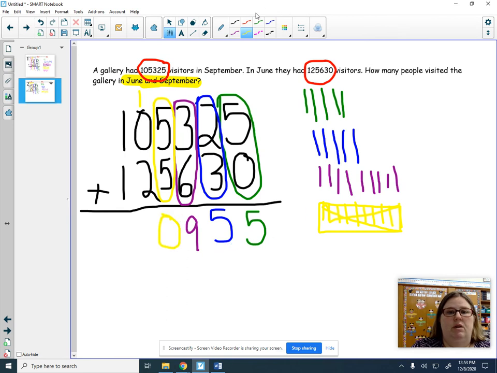All right, let's do our 10,000s. So our 10,000s, I have 1 on top that I brought over from the other one. And then I have 0. And I have 2. 1, 2. So if I count them up, 1, 2, 3.